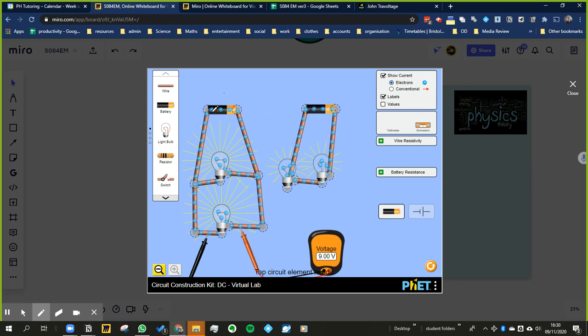Now, you said it was something to do with energy, and you're right. Basically, it's like this: voltage is equal to the energy per charge.